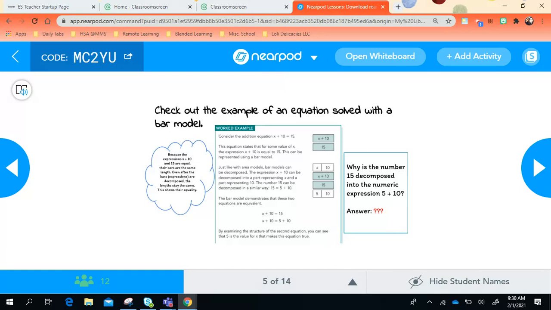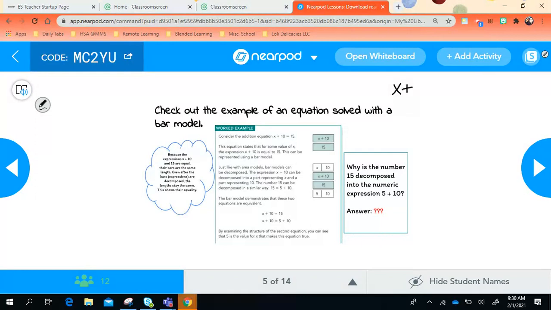Okay, so it says, consider the addition equation x plus 10 equals 15. So the equation states that for some value of x, the expression x plus 10 is equal to 15. This can be represented using a bar model. So this is what they did.